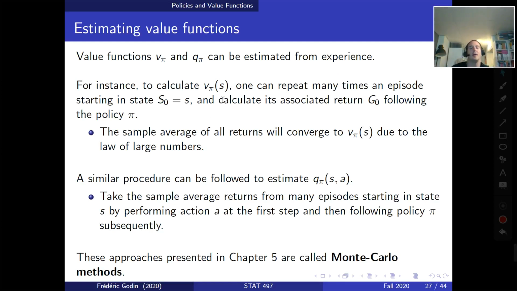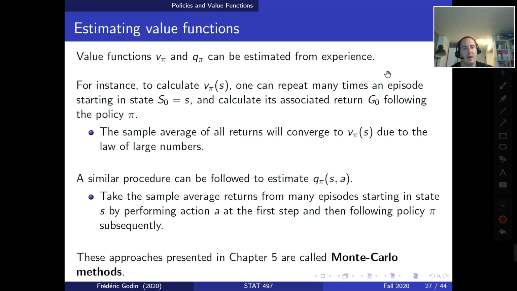For each episode you can observe the various rewards at all steps, so you can calculate the initial returns for each of these episodes, and then if you average all the returns, this should converge to the expected return, which is the value of your initial state.